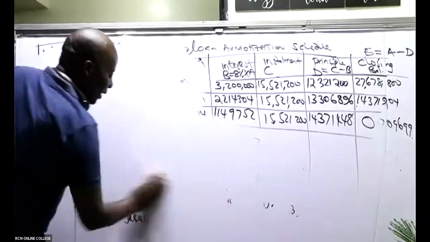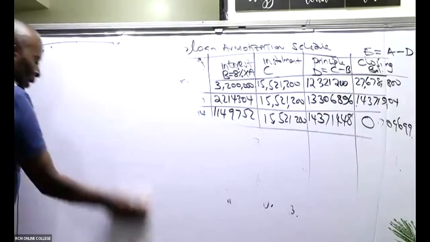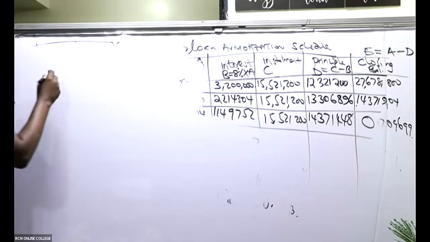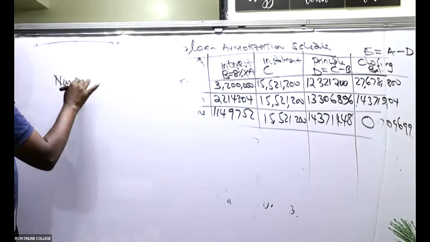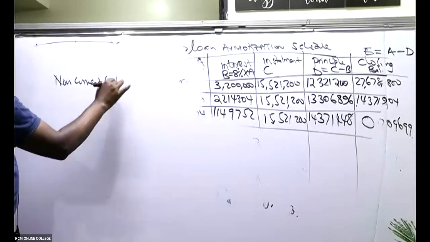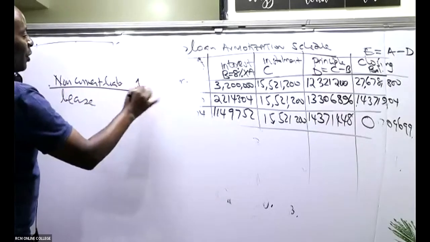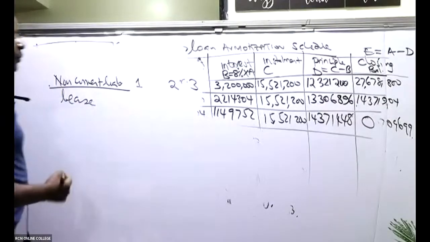I'm only going to write the non-current liabilities and the current liabilities. So we have here non-current liabilities. We start with lease, with years 1, 2, 3.